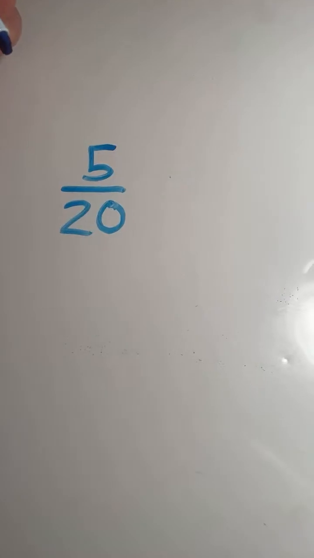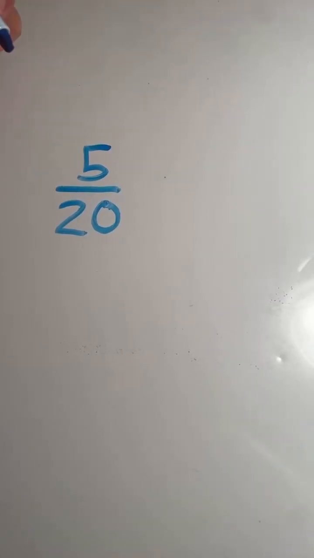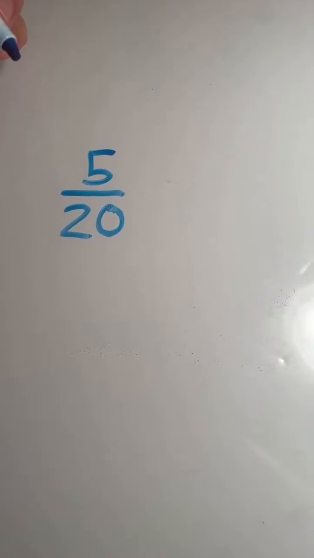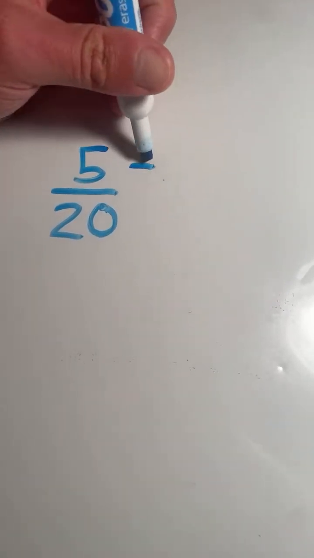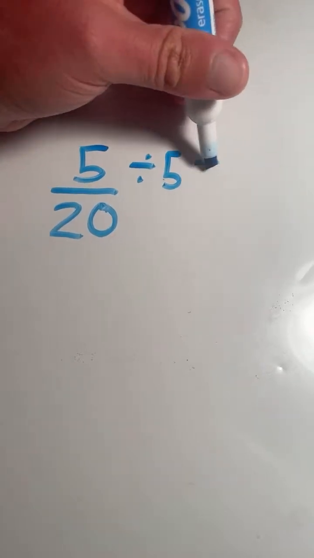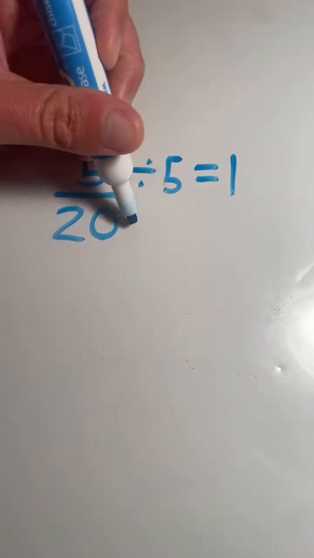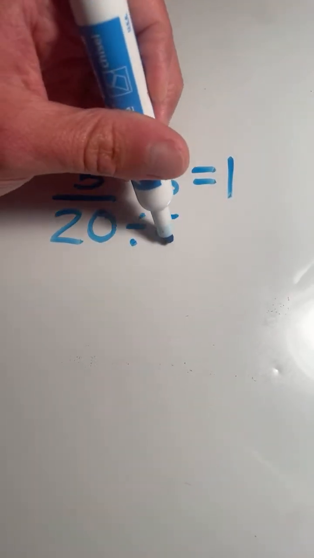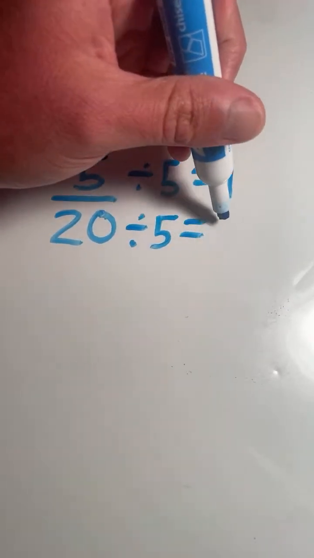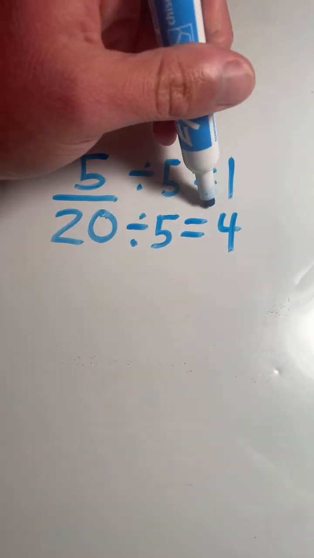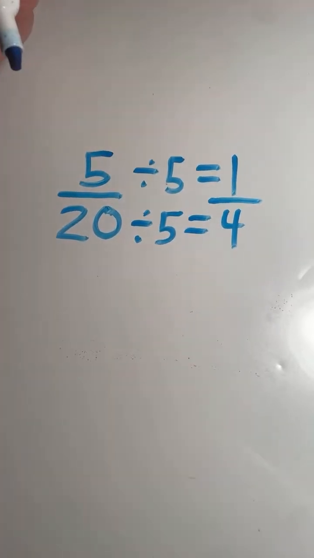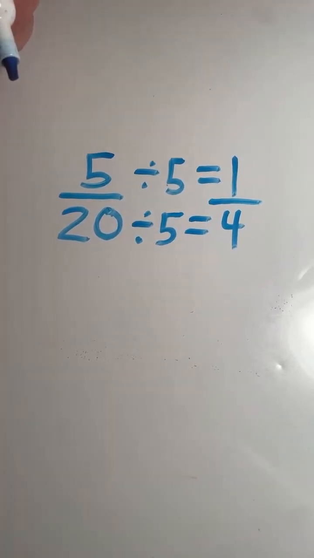The greatest common factor between 5 and 20 is 5. So we divide both our numerator and denominator by 5. So 5 divided by 5 equals 1. 20 divided by 5 equals 4. So 5/20 reduced to lowest terms equals 1/4.